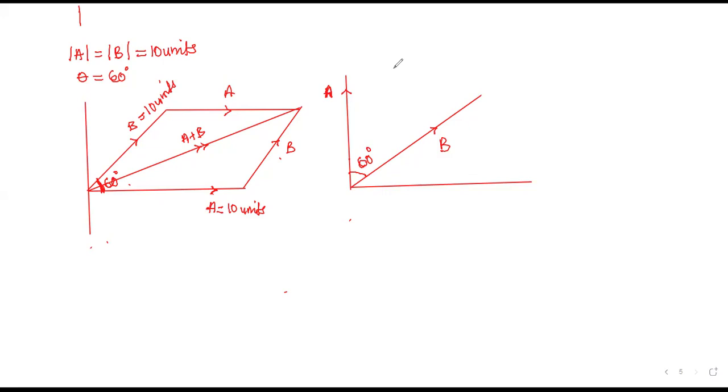By the aligned direction of A and B, we can say the resultant is equal to the direction of A plus the direction of B. And this is the triangle law of vector addition. So this is what we call the resultant. Are you okay?